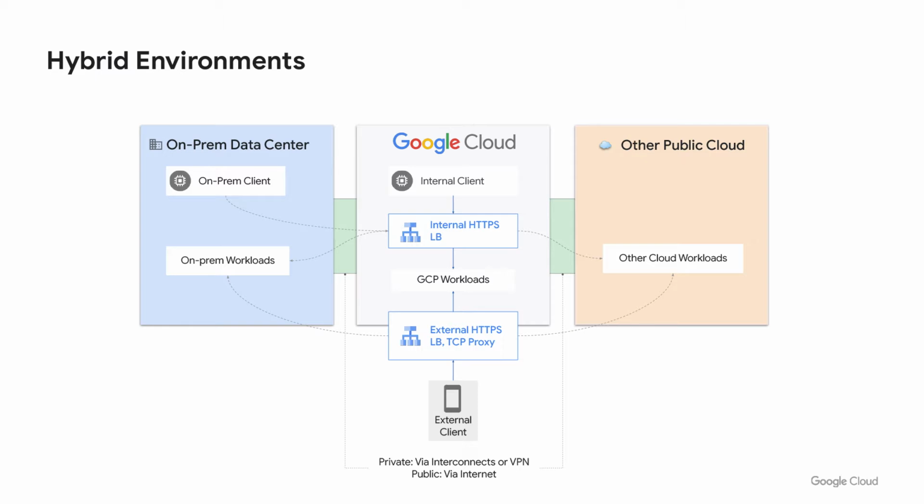In this slide, you can also see the hybrid load balancing layer, where clients can use our load balancers to load balance to backends not only on Google Cloud, but also to on-prem and even other clouds.